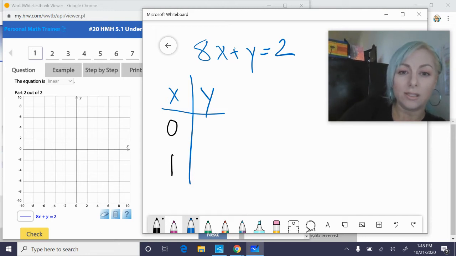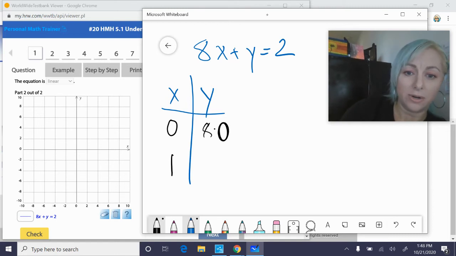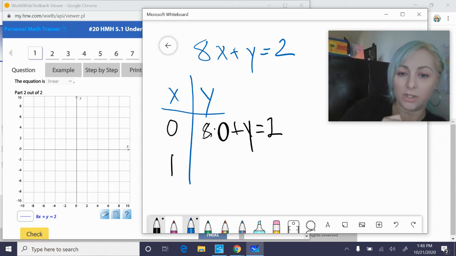You need 2 points. And so if I look at my equation, if I replace the x with 0, then I would have 8 times 0 plus y equals 2. So the question is, what would y be equal to? Well, 8 times 0 is 0. So y is equal to 2.